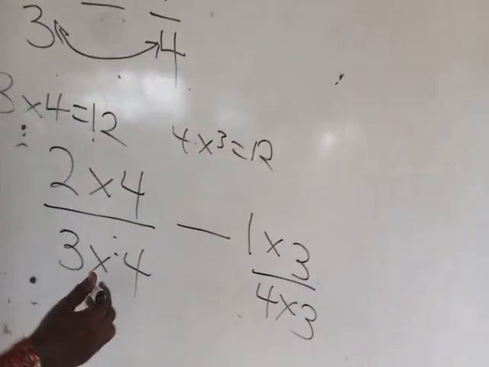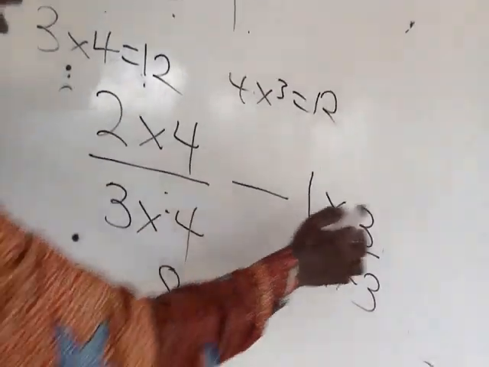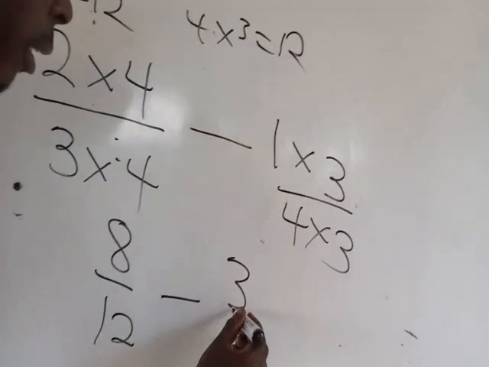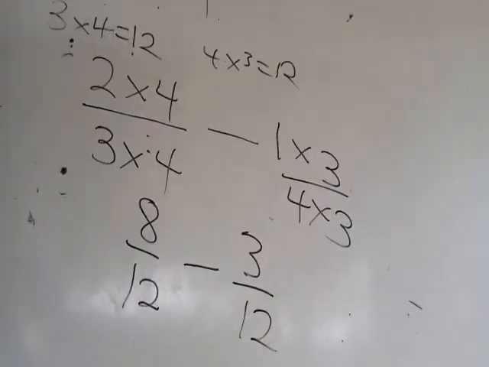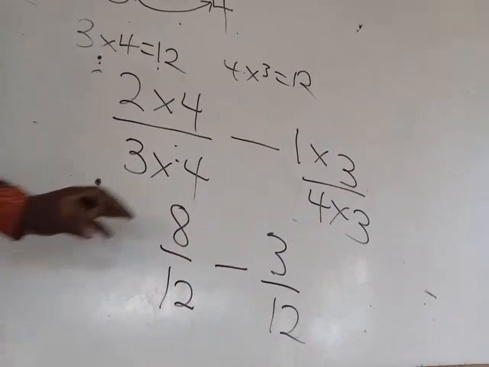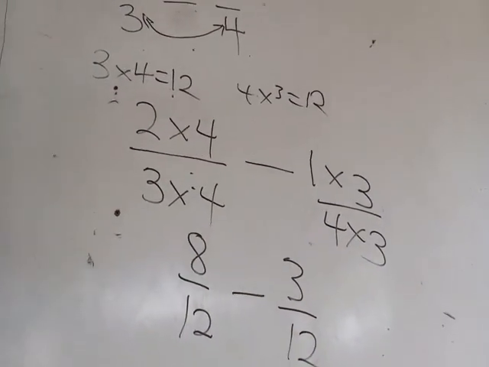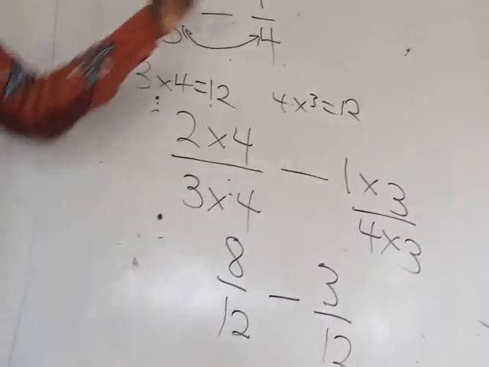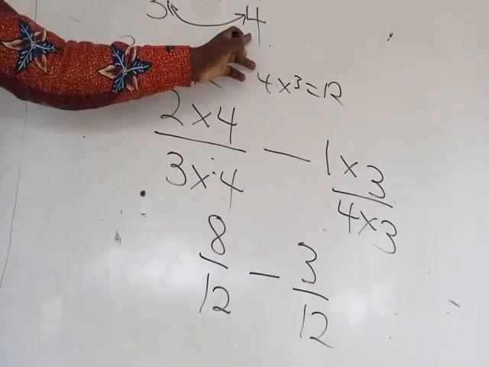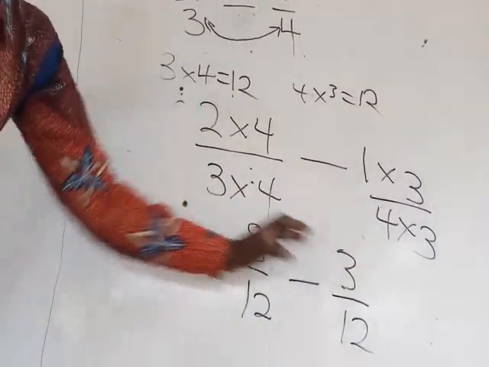And 2 times 4, we are getting what? 8 over 12. Dash. 1 times 3, we are getting what? 3 over 12. You see, I now have the same denominators and different what? Numerators. That's why I'm saying that always when they give you different numerators and different denominators, you change the denominators to the same denominators but leave the numerator.